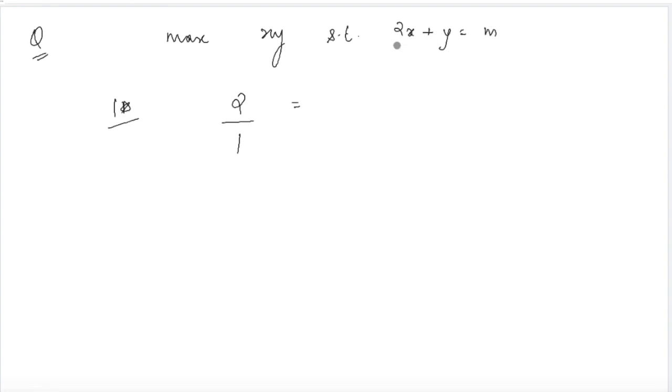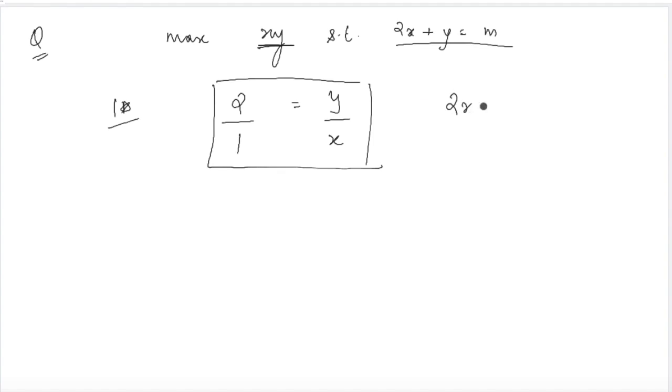For the function, you first differentiate with respect to x, then with respect to y. Similarly, you take the partial derivative with respect to x divided by the partial derivative of this function with respect to the second variable. So this is the first condition that you will have, which says that 2 times x should be equal to y. But since we have two variables here, we cannot solve this with a single equation.